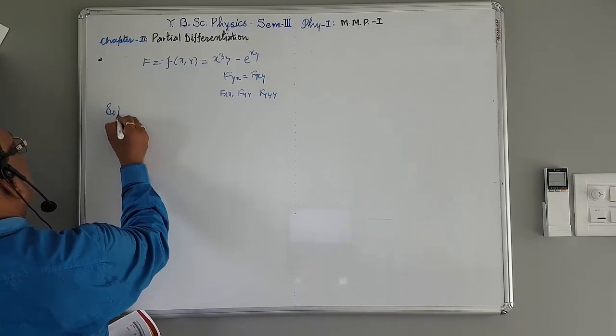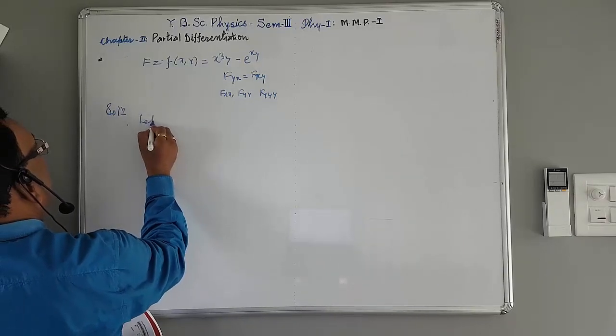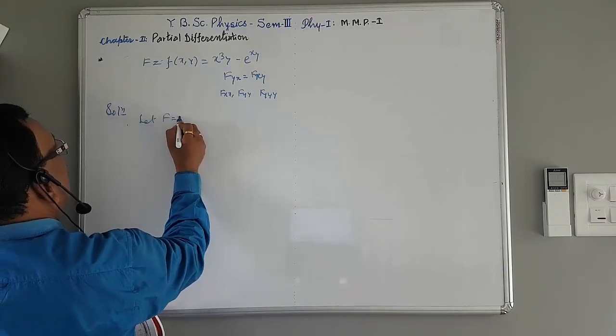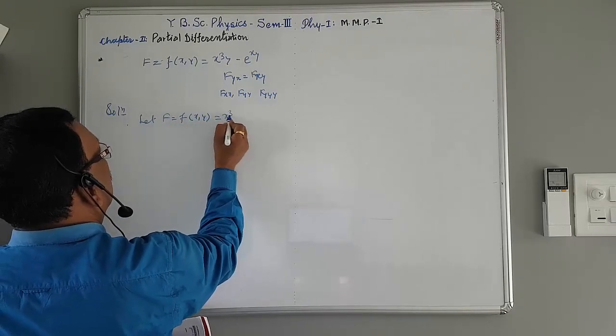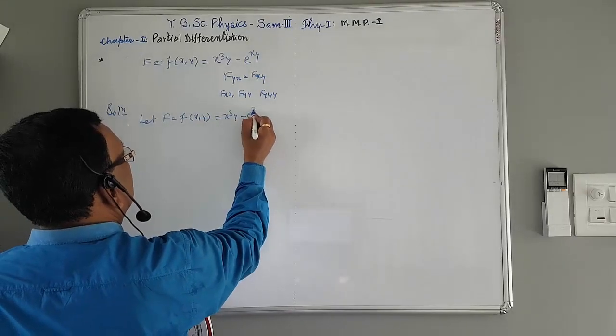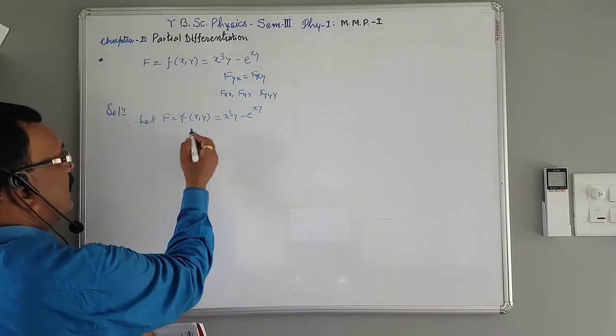The solution of this problem is: let f = f(x,y) = x³y − e^(xy).